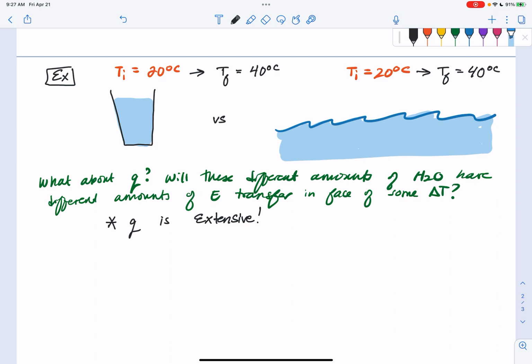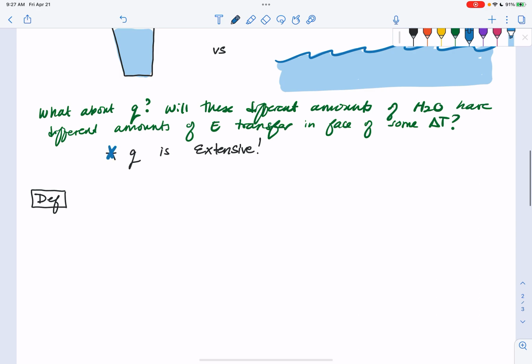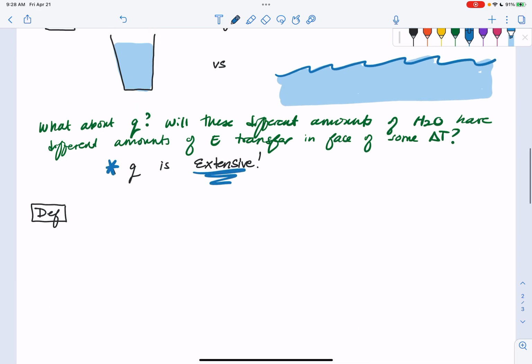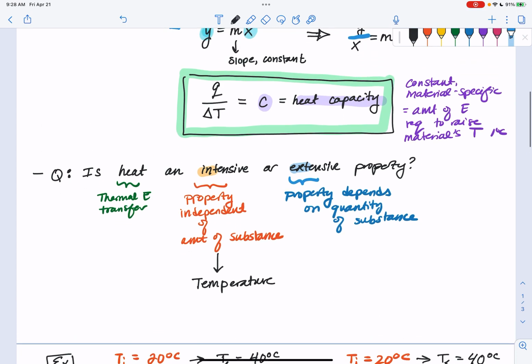So how do we incorporate this into our quantification of heat? How do we incorporate the idea that heat itself is extensive, or depends on how much of a substance you have?